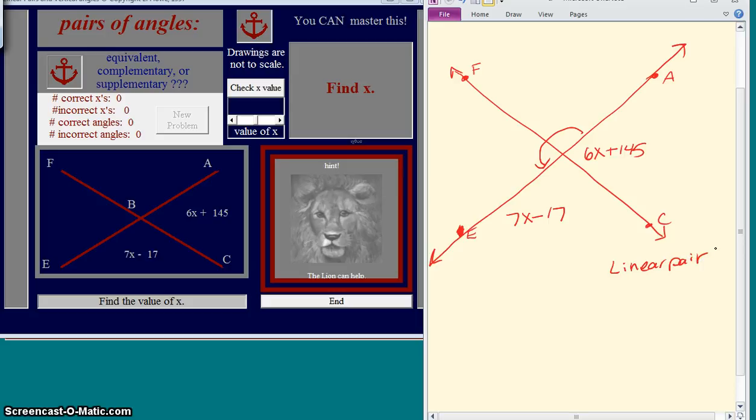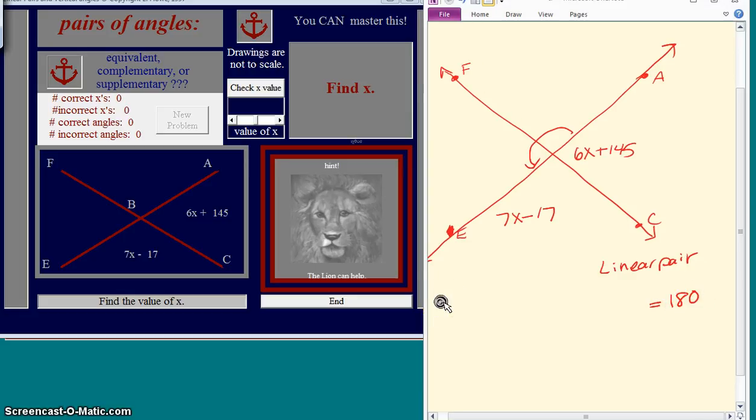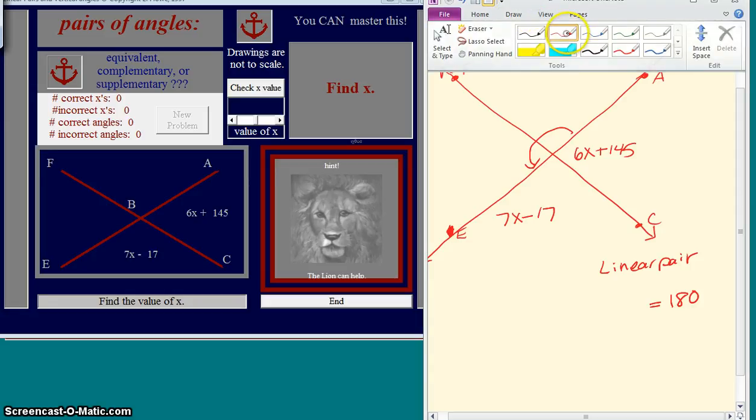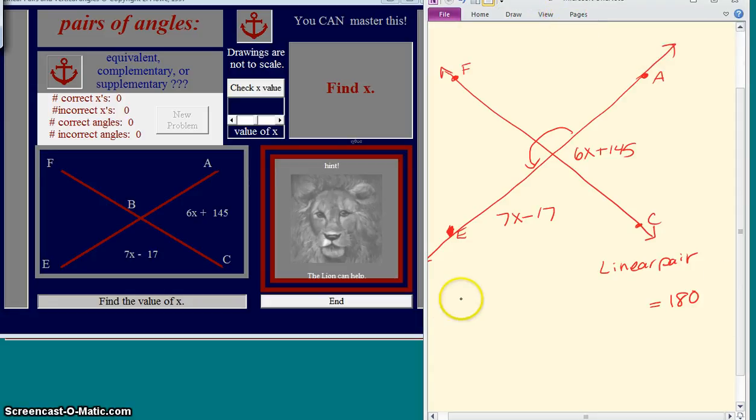And then I'd like you to set up the equation based on that relationship. We know that these two angles added together have to equal 180. So 7x minus 17 plus 6x plus 145 has to equal 180.